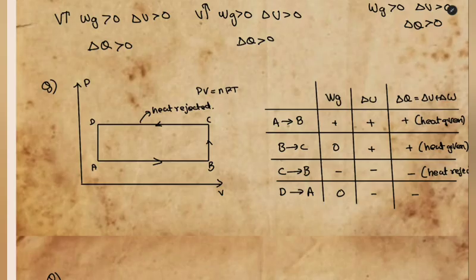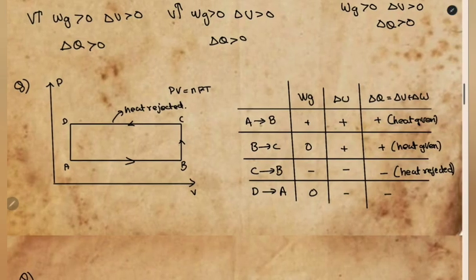Then simply apply the first law of thermodynamics and find the signs. Okay, we will also see how to find the values, but for now it's simply the sign convention. I hope you can do this. When it shows positive, it means heat given; when it shows negative, it means heat is rejected.